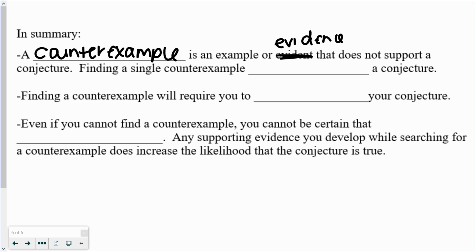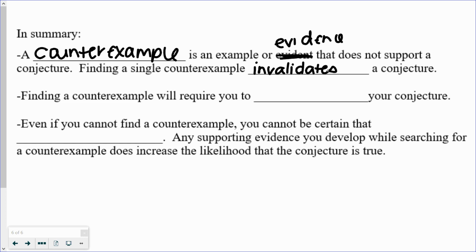So evidence that does not support a conjecture. I'm writing that in my notes right now. So finding a single counterexample invalidates the conjecture. So it makes that conjecture not true anymore.